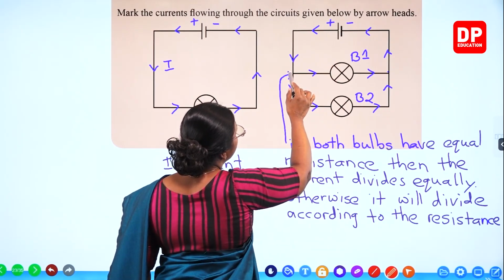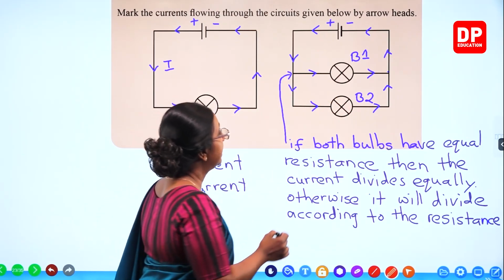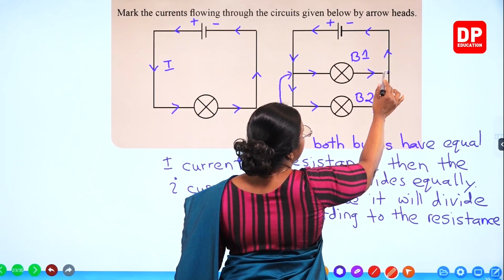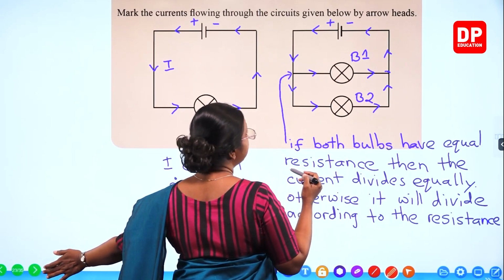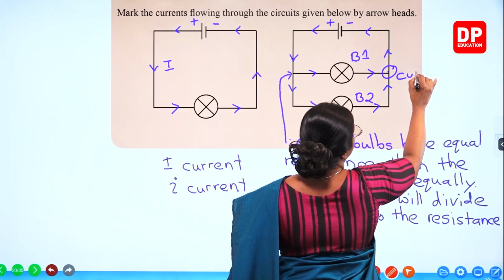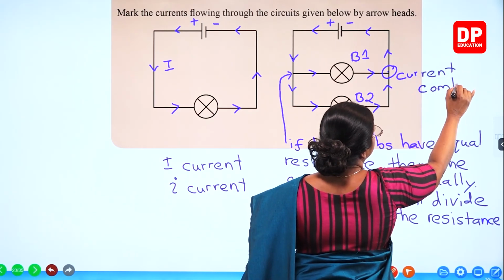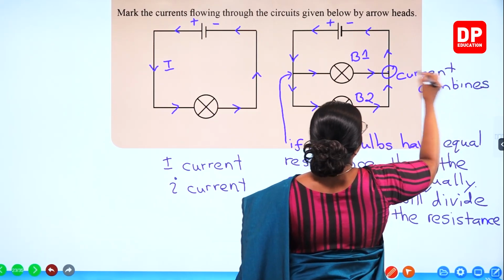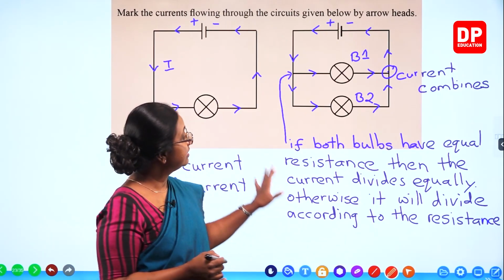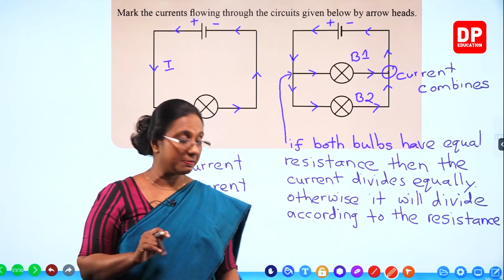It will come to this point where the current divides to both the bulbs, and then it flows through bulb 1 and bulb 2, and again at this point the current combines and then flows back to the negative terminal. That is how the current flows through this circuit. You all have to remember that.